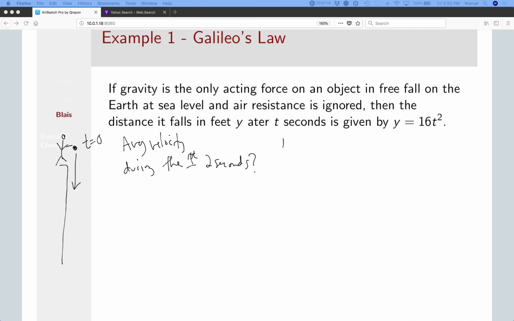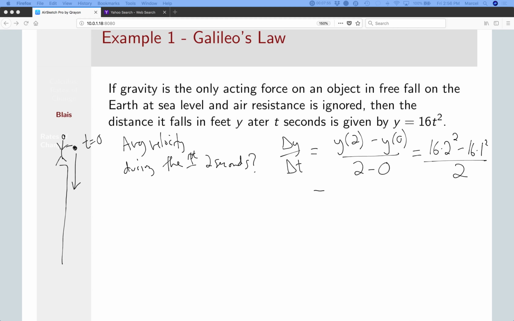We will have delta y over delta t is the height at 2 seconds minus the height at 0 seconds over the difference between 2 and 0 seconds. And again, we can see the units, height over time. So in this case, the height at time 2 is 16 times 2 squared, and the height at time 0 is 16 times 0 squared, and in the bottom we have 2.